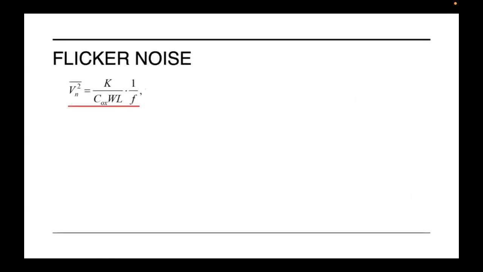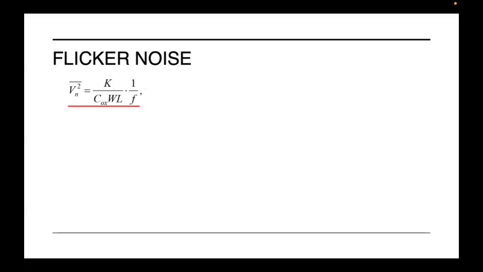Here, we have another very famous and important source of error, which is the error associated with the gate oxide interface. I will not go deeply into the physics of this error.